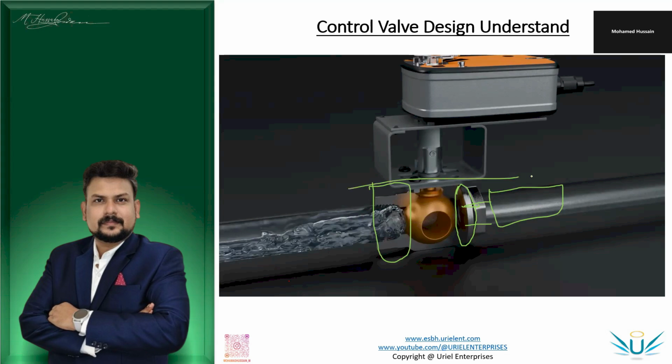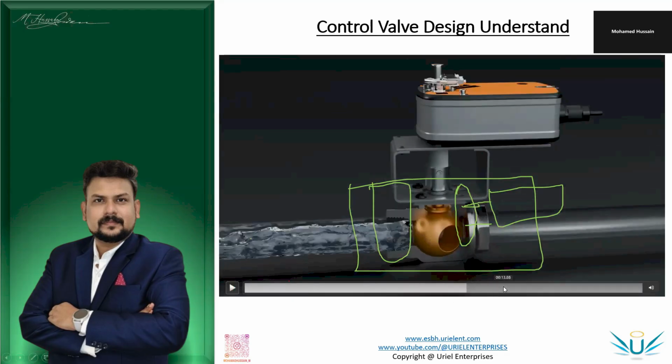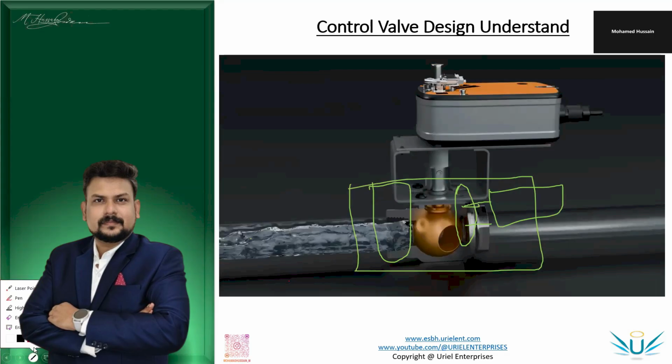And we will choose this valve body, along with that we will choose the preferable actuator for this valve. So the entire system will be like this, because this valve body has a stem.